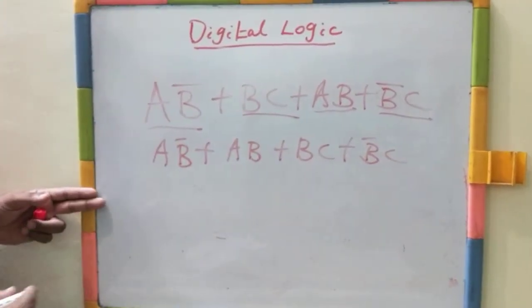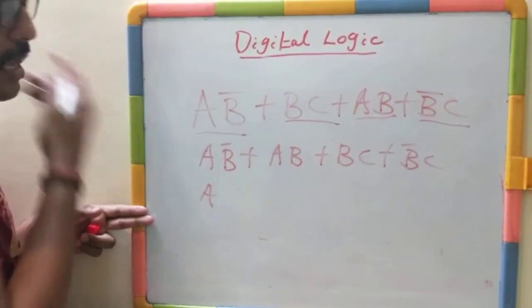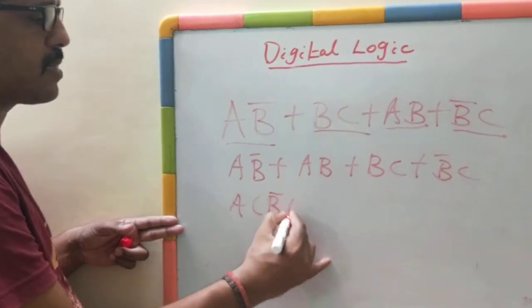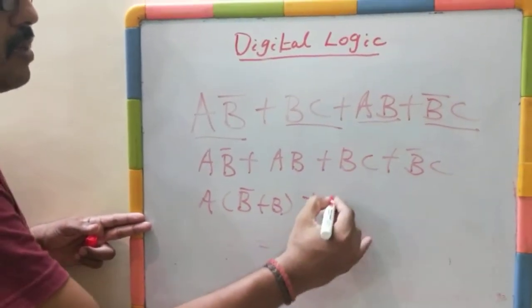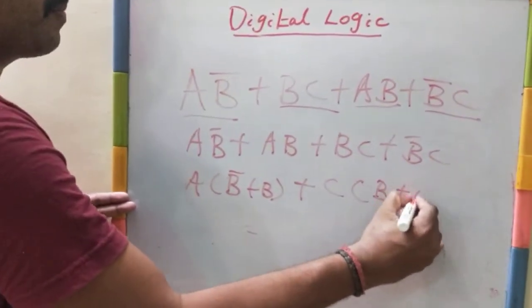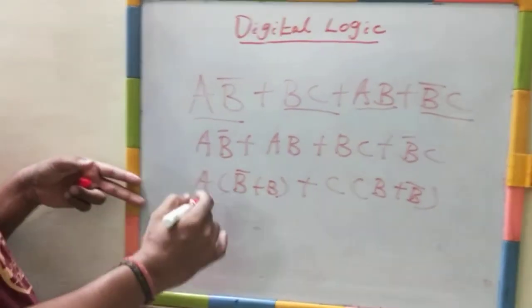Now it is in the form of the distributive law. We take A common, so we get B dash plus B, and here C is common, so B plus B dash.